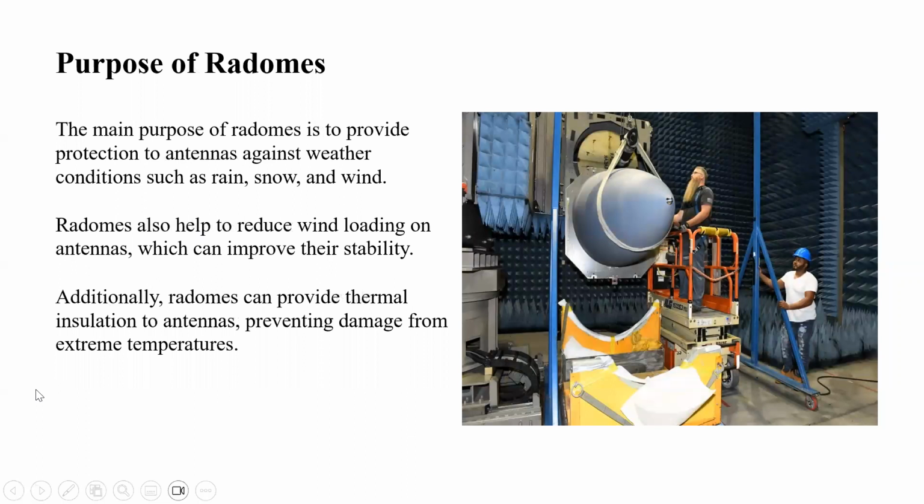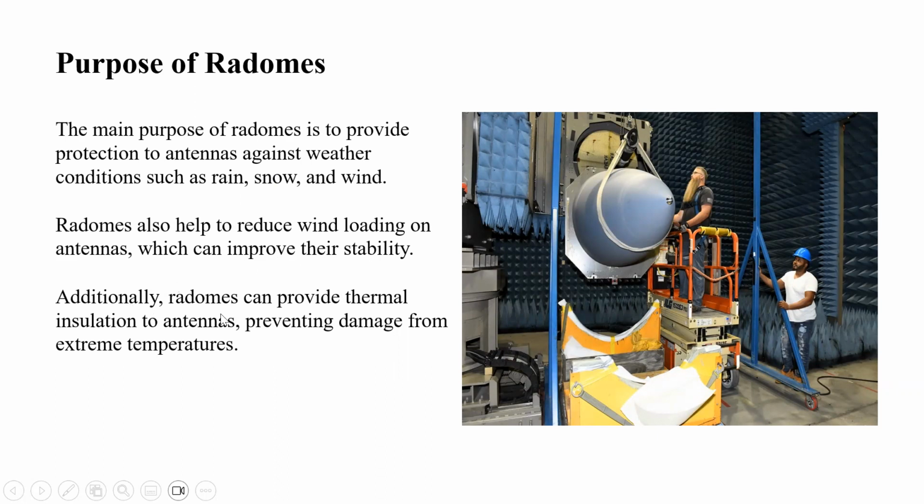What are these used for? What is the purpose of radomes? The main purpose of radomes is to provide protection to antennas against weather conditions such as rain, snow, and wind. Radomes also help to reduce wind loading on antennas, which can also improve the stability.